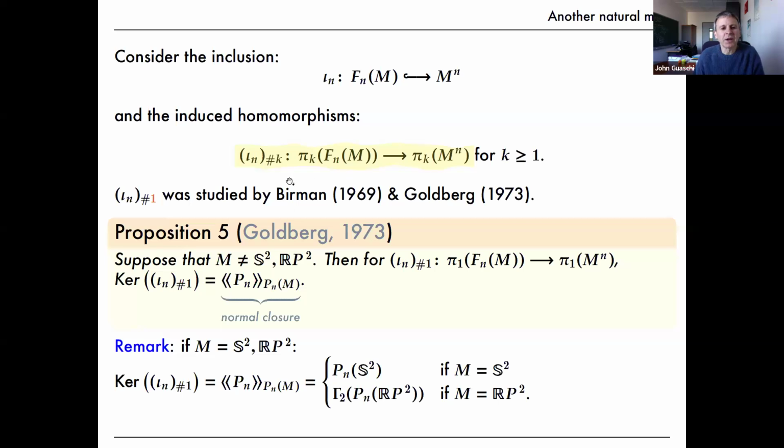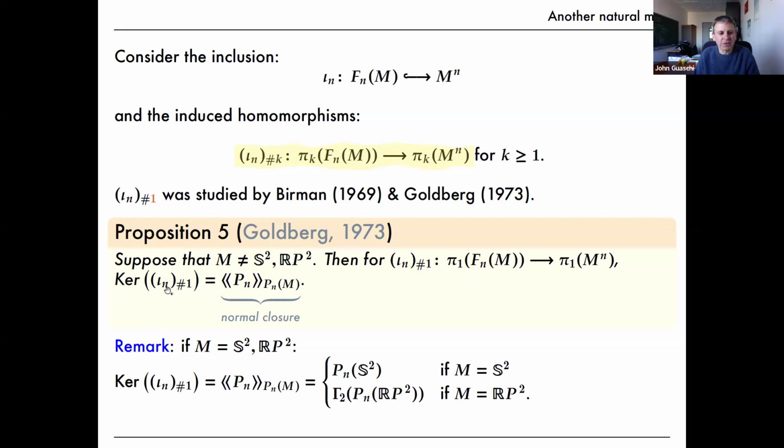In the case where k is equal to 1, so on the level of pi 1, this homomorphism was studied at the end of the 60s and at the beginning of the 70s by Berman and Goldberg. And Goldberg proved notably that, avoiding these two cases, we have this induced homomorphism.